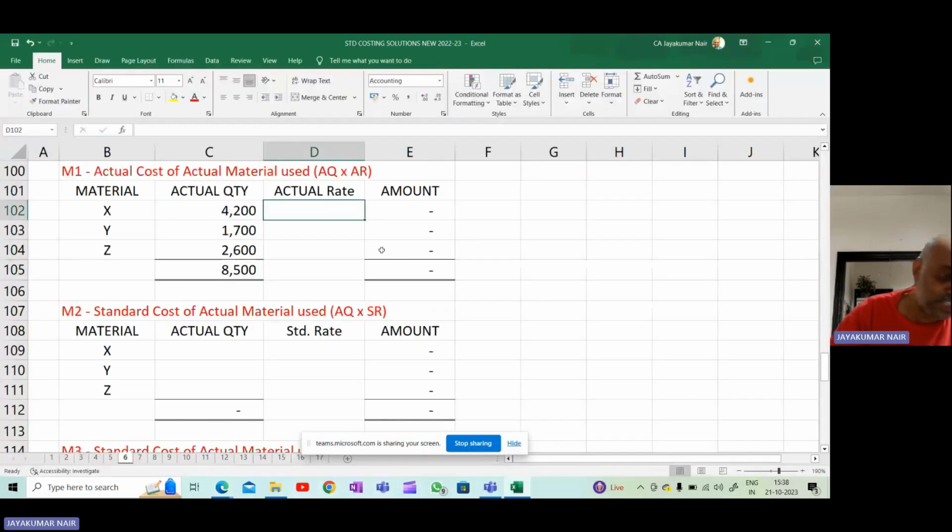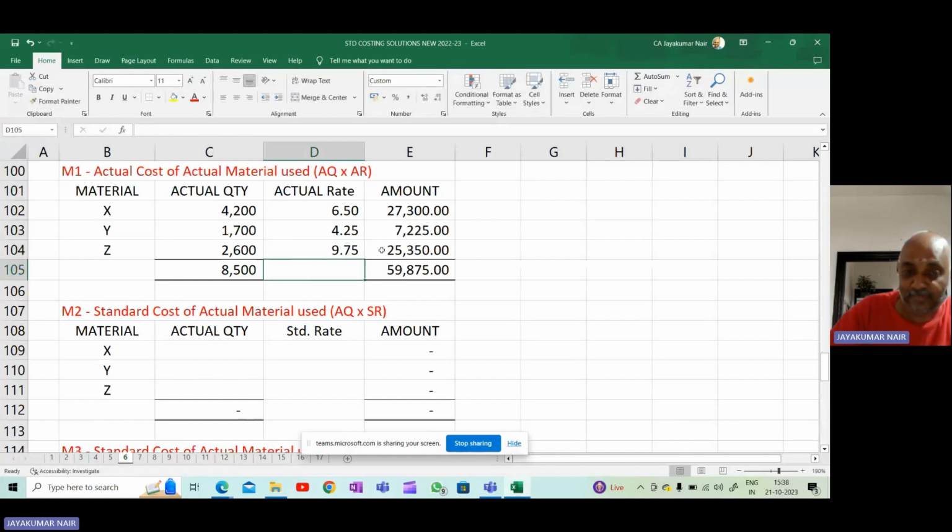Actual rate per kg of material X is 6 rupees 50, Y is 4 rupees 25, and Z is 9 rupees 75.